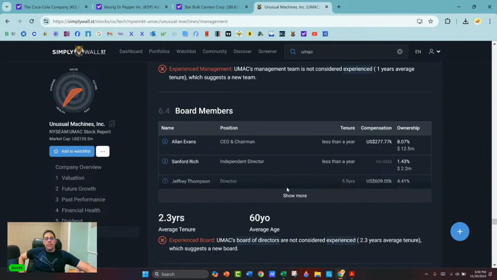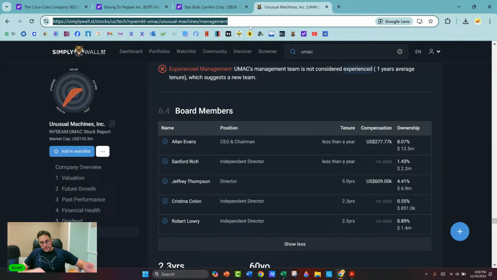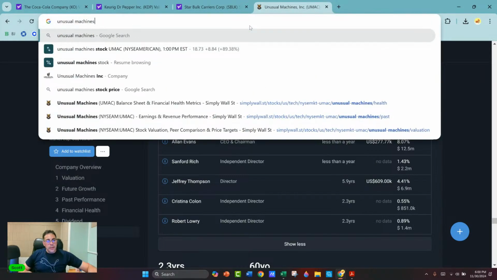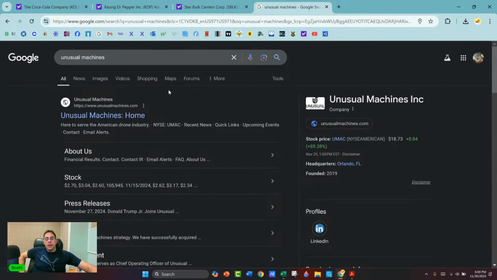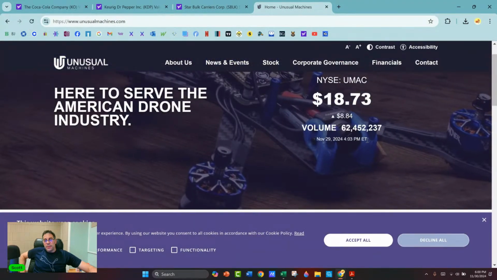So the board members, they probably haven't updated this yet. It doesn't mention Don Jr. Yeah, it's just like a joke. How could you be a public company with 3 employees and almost no revenue?